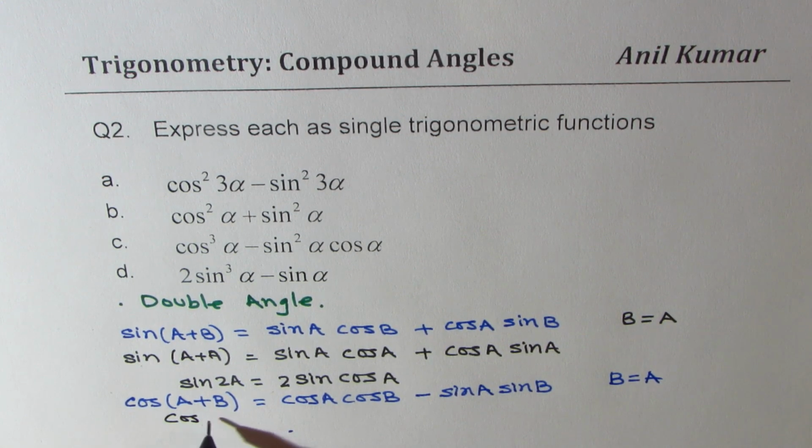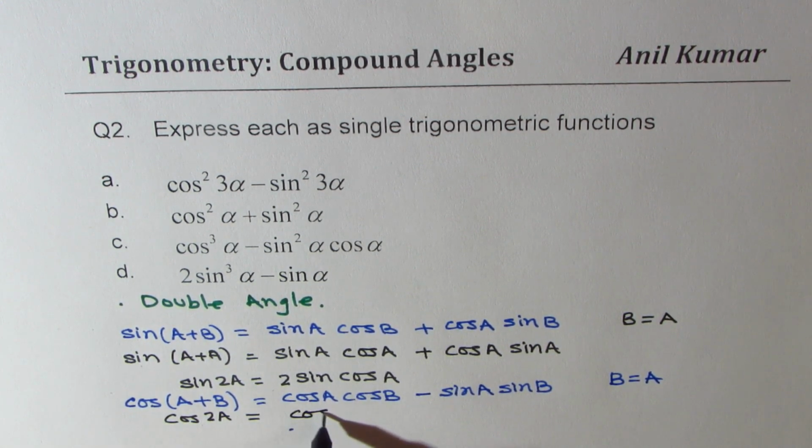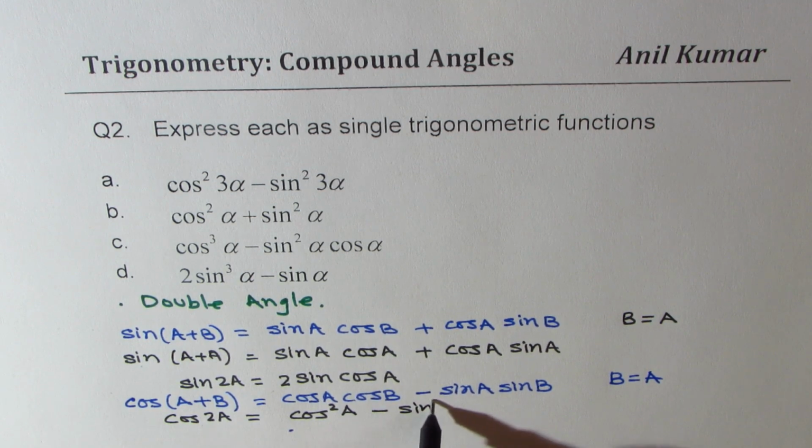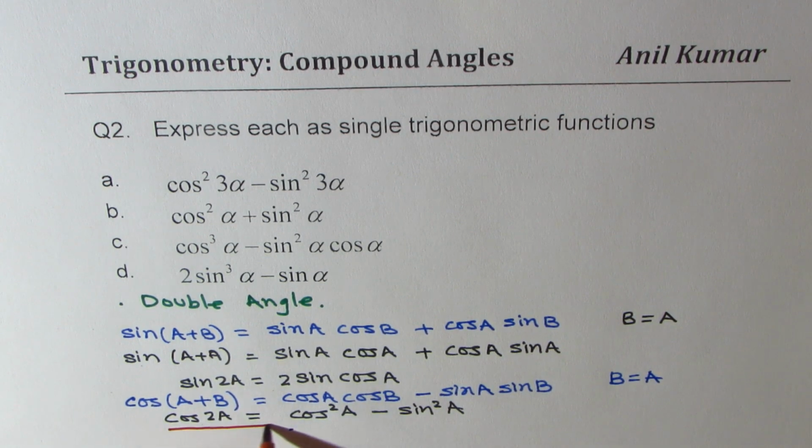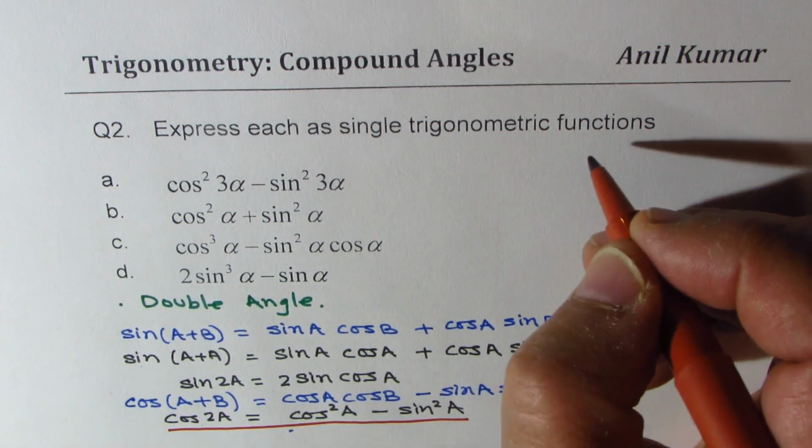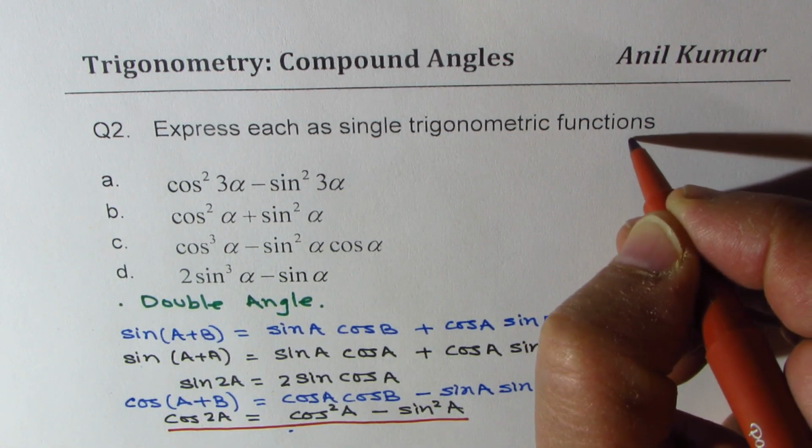We get cos of 2A equals, both of them become A, right? So it becomes cos square A minus sine square A. Do you see that part? So the cosine formula will be cos 2A equals cos square A minus sine square A. Now I need another page to elaborate more on this particular double angle formula, so I will cut it short and place it on this sheet itself.